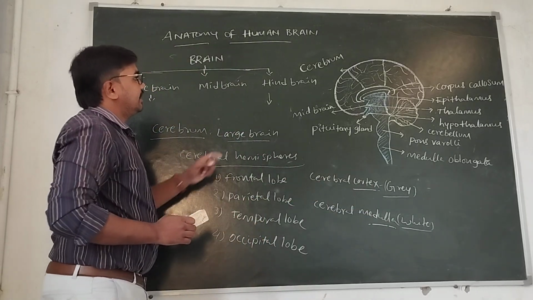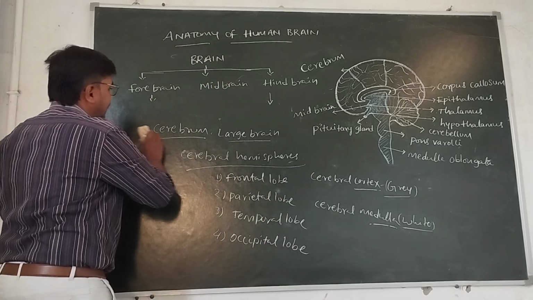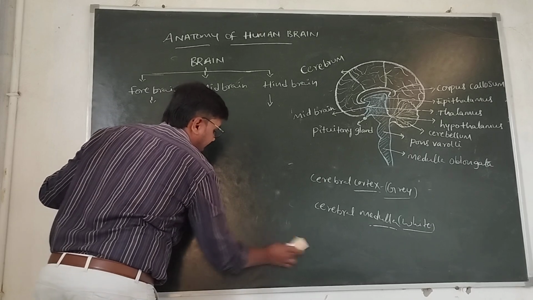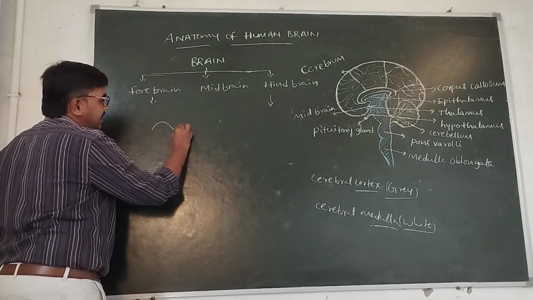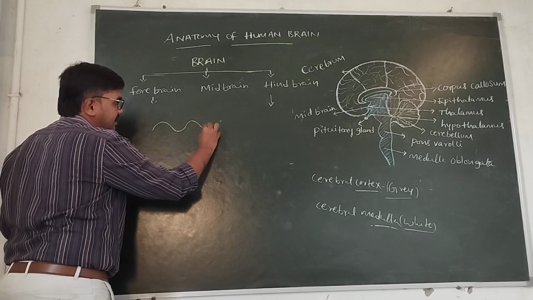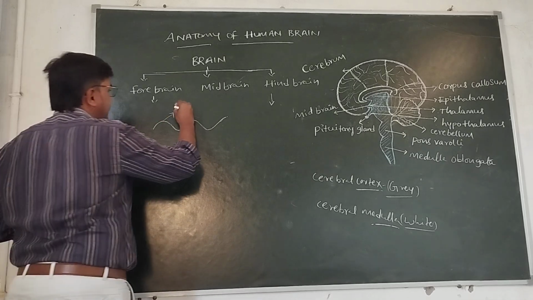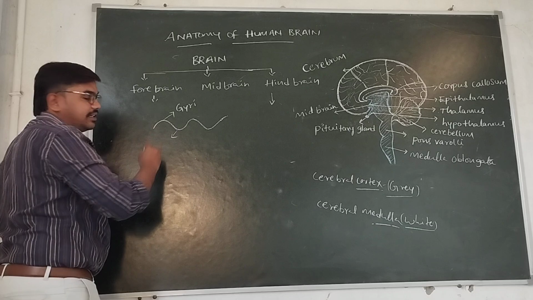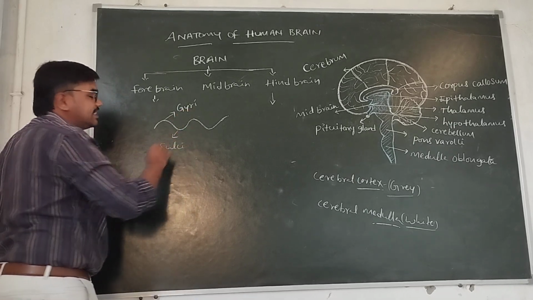Next, the cerebrum has a number of folds. These folds have some elevations and some depressions. The elevated region is called gyri, and the depressed region is called sulci.